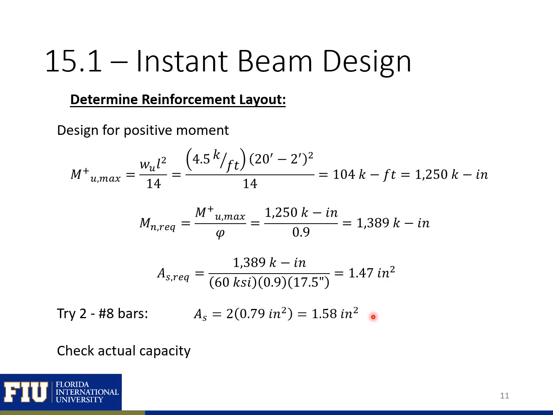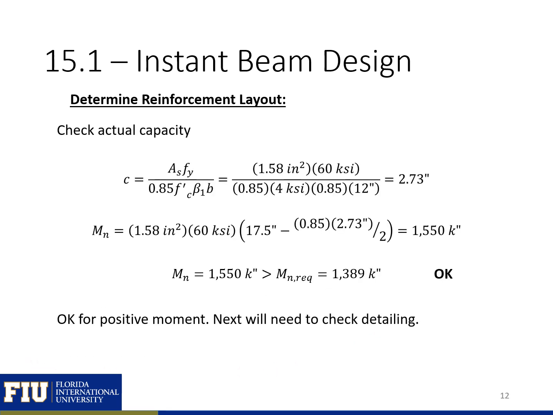So now we have our area and we have our section geometry, so we can now check our actual capacity. We can find the actual capacity of our positive moment region similar to the negative moment capacity. So we find our c from equilibrium, and all we're changing is our area of steel here.